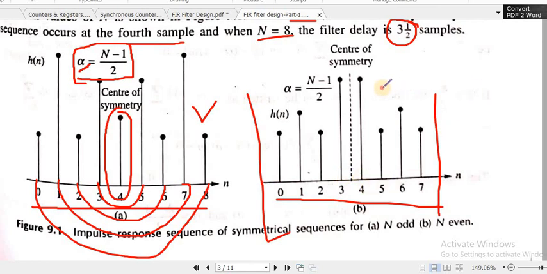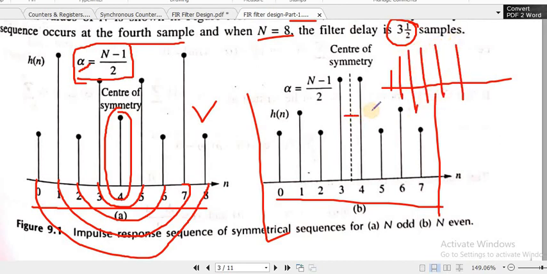Now infinite means the impulse responses are infinite. It starts from minus infinity and goes to plus infinity. So we cannot say what the point of symmetricity is. Unless otherwise we cannot say that this impulse response is symmetric, the phase response cannot be linear.